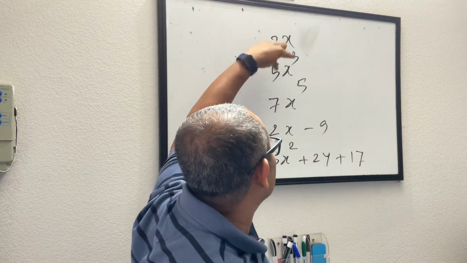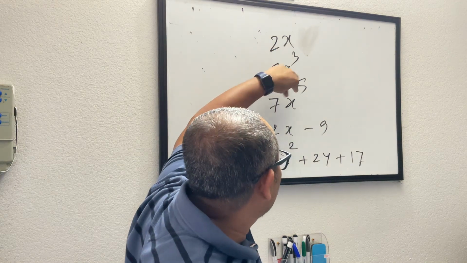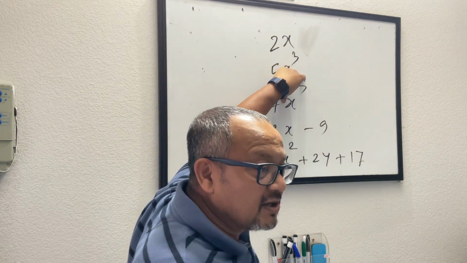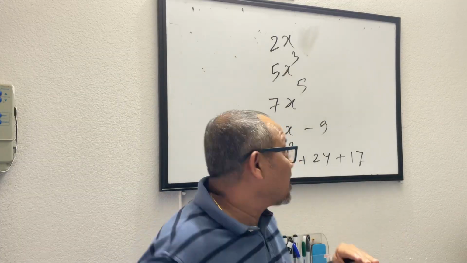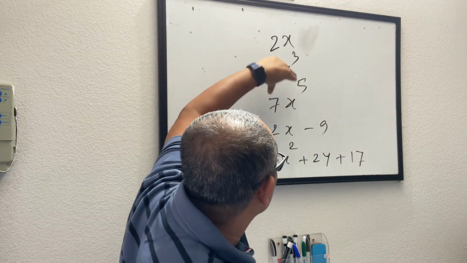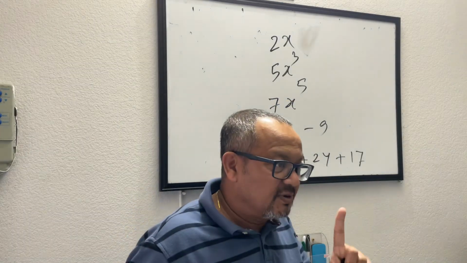It's one term, only one thing. It's like 2 bananas. X cube is like, let's say, apple, so 5 apples. So x to the power 5 is, let's say, watermelon, so 7 watermelons. Unless you have a separator like plus or minus, it will be treated as one term.